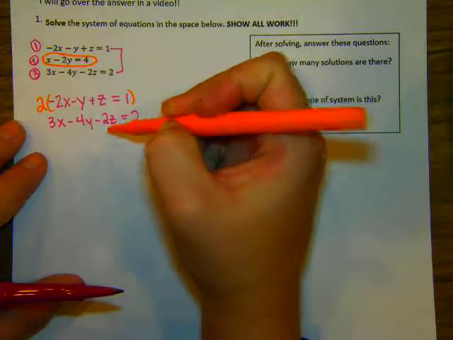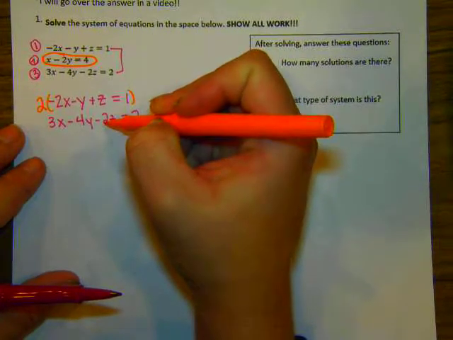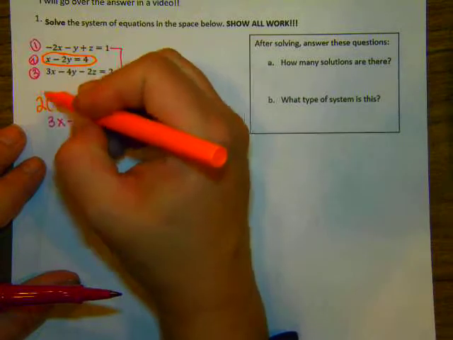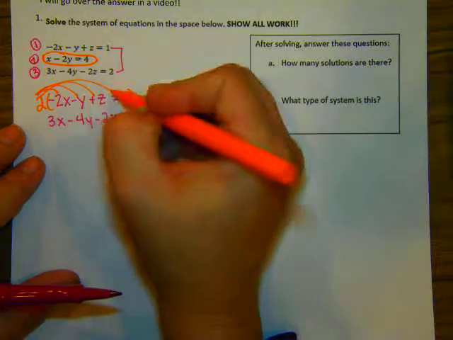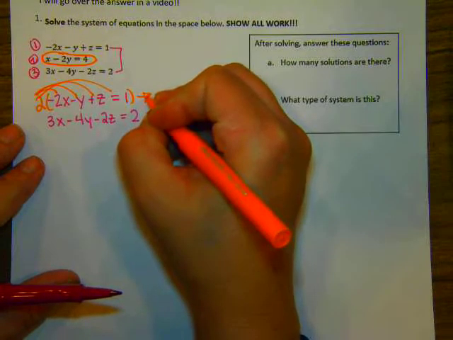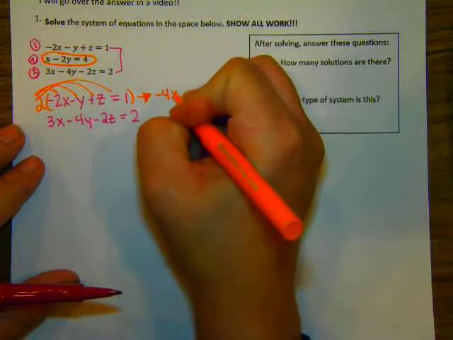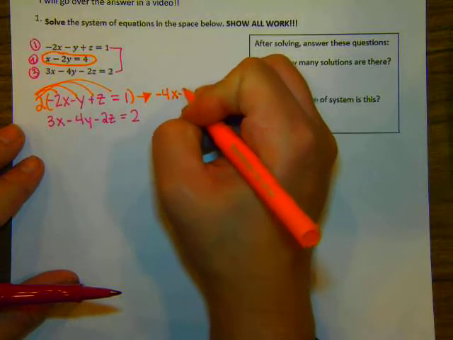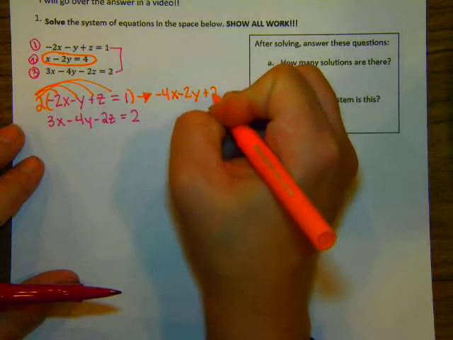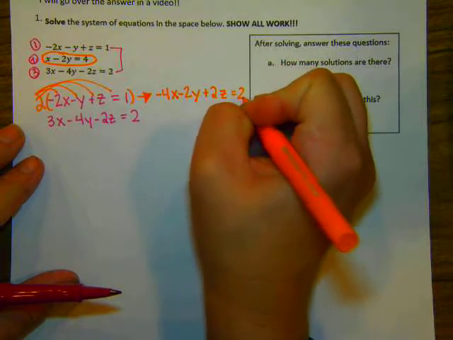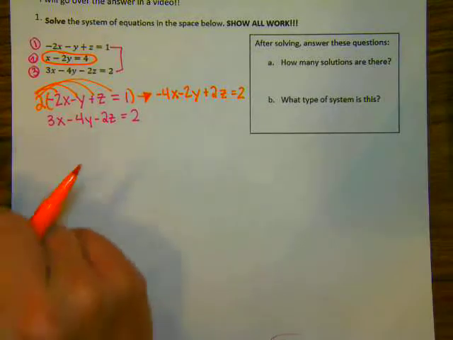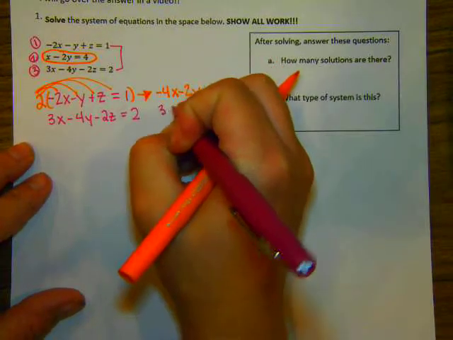Since this is a negative 2 right here, by multiplying by 2, it'll make it a positive 2. So that's going to change my entire top equation to be negative 4x, negative 2y, plus 2z equals 2. Haven't changed the bottom one, so just keep it at the bottom.